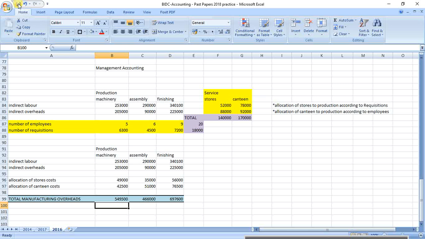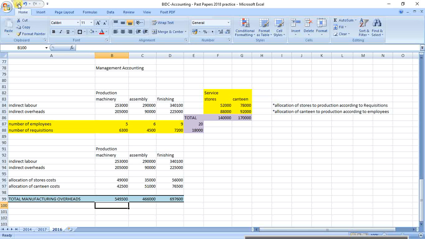Absorption rate. Okay, absorption. Overheads, let's go to 289, 297.